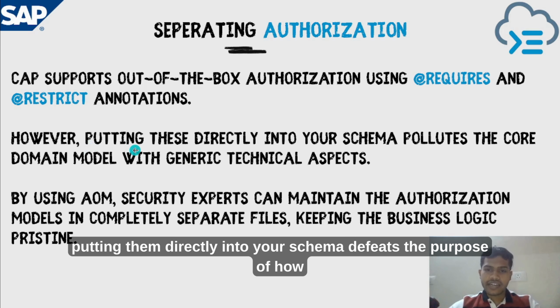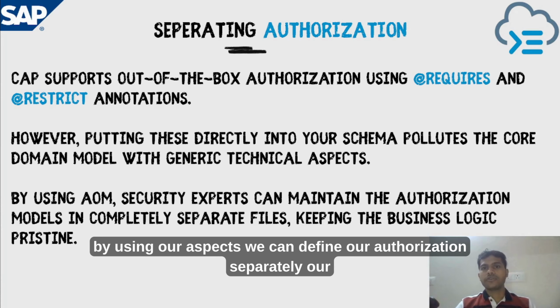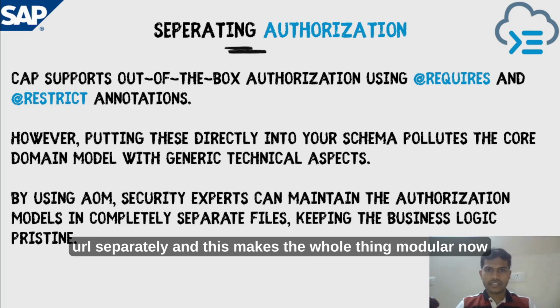However, putting them directly into your schema defeats the purpose of how we are segregating our modules to make our code cleaner. So by using our aspects, we can define our authorization separately, our UI separately, and this makes the whole thing modular.